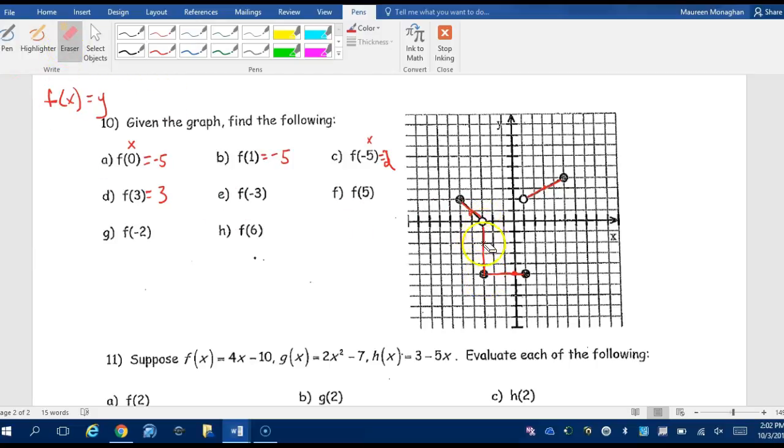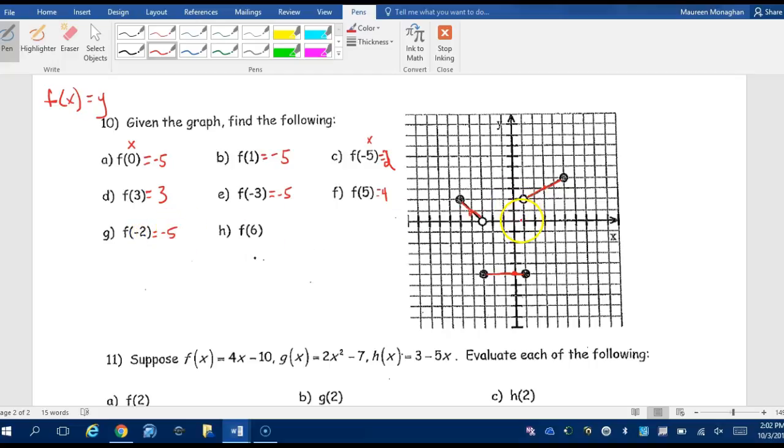We're erasing this line too, because just that one was connected. And at -3, it's -5. F of 5, 1, 2, 3, 4, 5, y is 4. F of -2, 1, 2, y is -5.